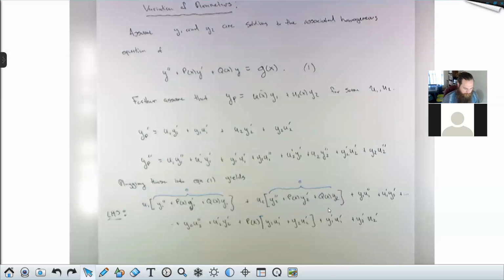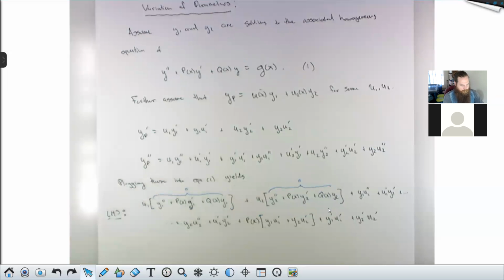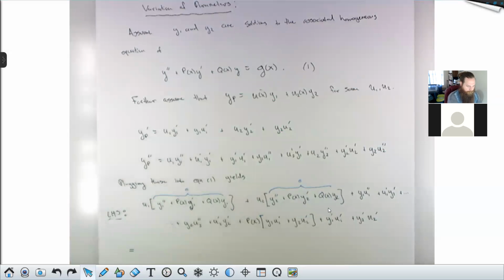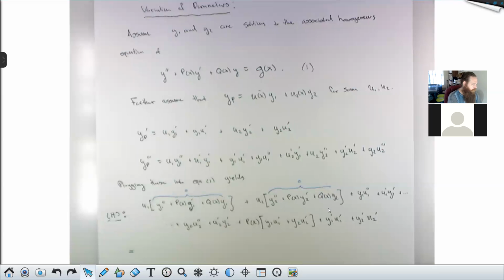Let me show you. I see a y1 prime u1 prime plus y1 u1 double prime.